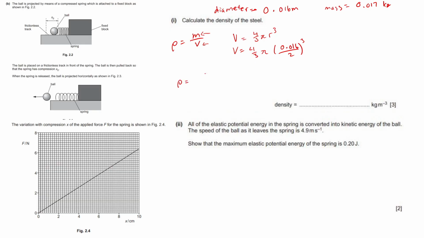So rho is going to be equal to 0.017, and then we divide by the volume that we solved for. And this is going to be equal to 8.0 multiplied by 10 to the third.